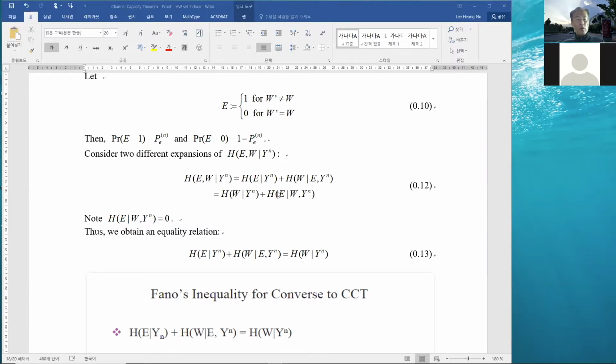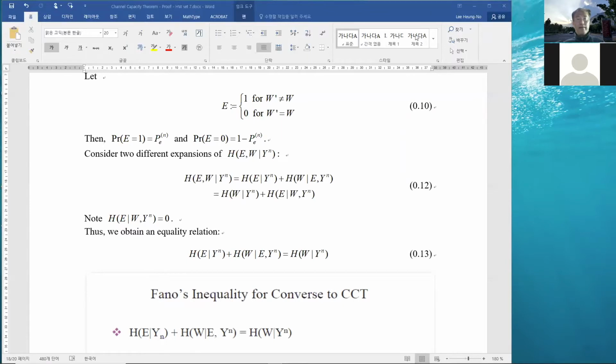And then we note that for the second item, when the transmitted index and Yn are given, that means there is no error. So basically there is no uncertainty on the error random variable, so the entropy of this part is 0.